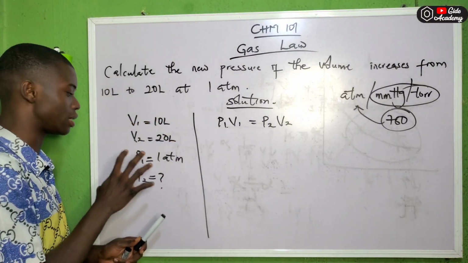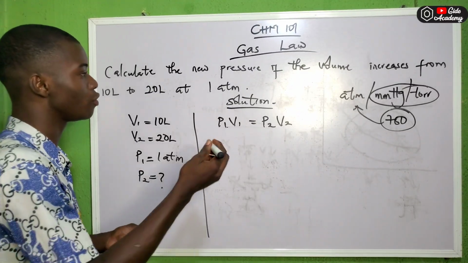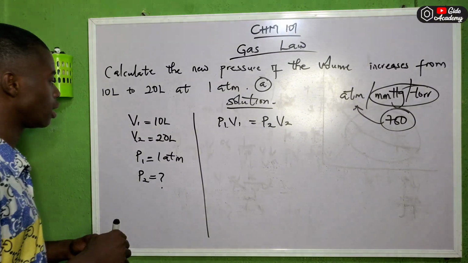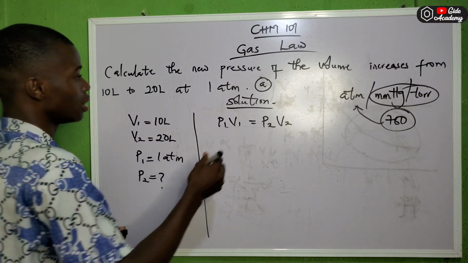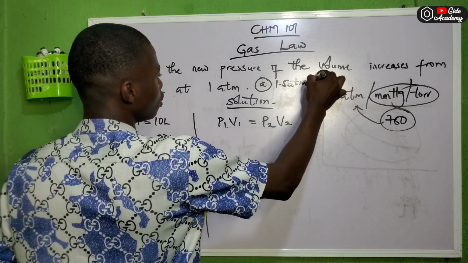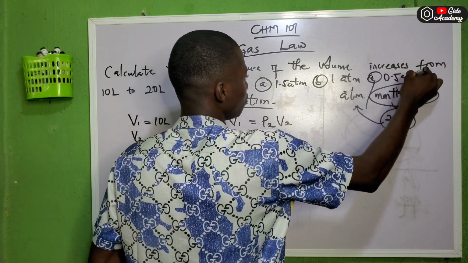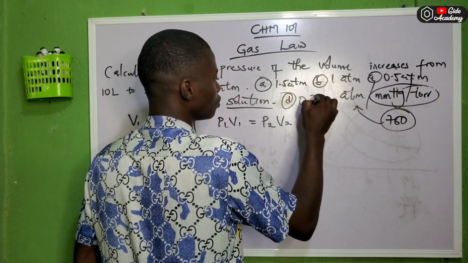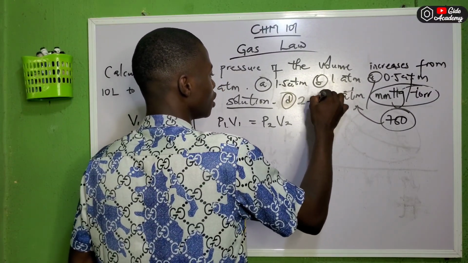If you have something like this and we are looking for P2, let me give you option A, let's say 1.5 atm, option B 1 atm, option C 0.5 atm, option D, let me just make it 2.0 atm.